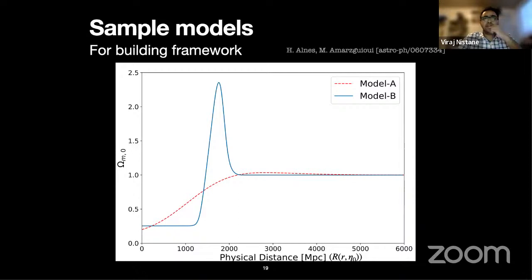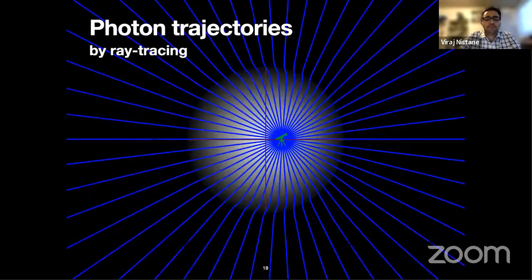Everything here is at time t equal to t naught, which is the time today, or we can also call it the age of the universe. The physical distance, or the angular diameter distance, is given by this parameter here, r, which is also one of the solutions to Einstein's field equation, and which also appears in the metric as we have seen here.